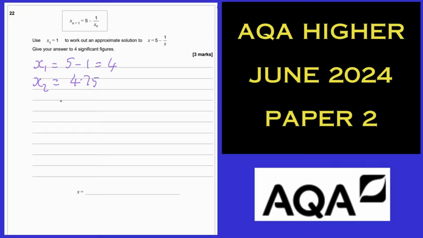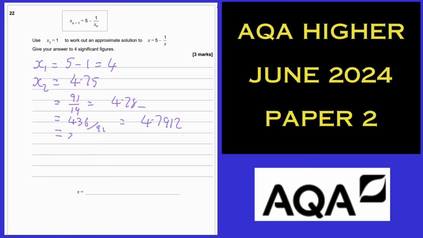Now, if you leave 4.75 in your calculator display, you can then type in 5 minus 1 over ANS, and you can repeatedly hit the equal sign. To make sure you're doing it correctly, you should get 91 over 19, which is basically 4.78-ish. Then it spits out 436 over 91, which is 4.7912-ish.